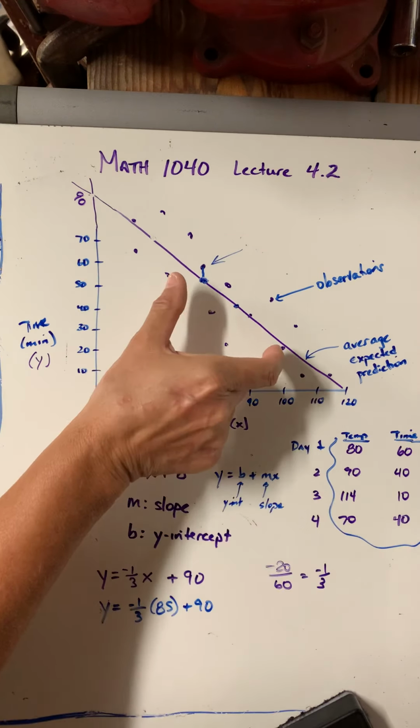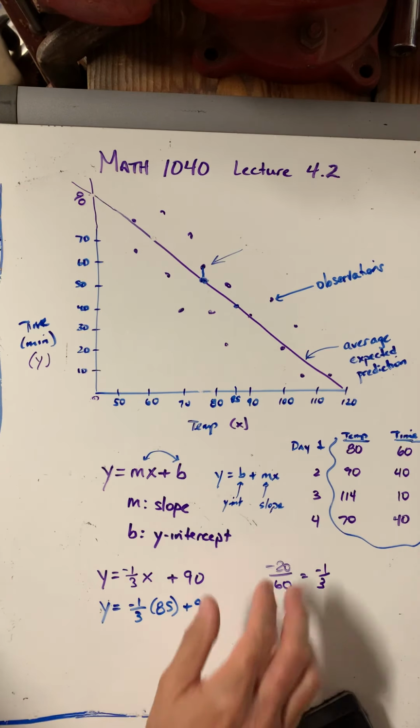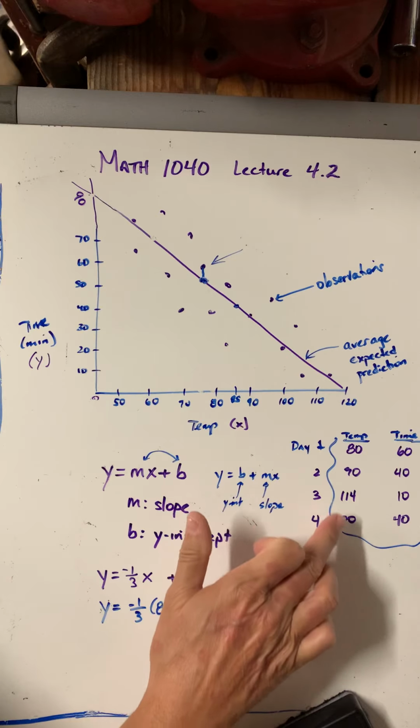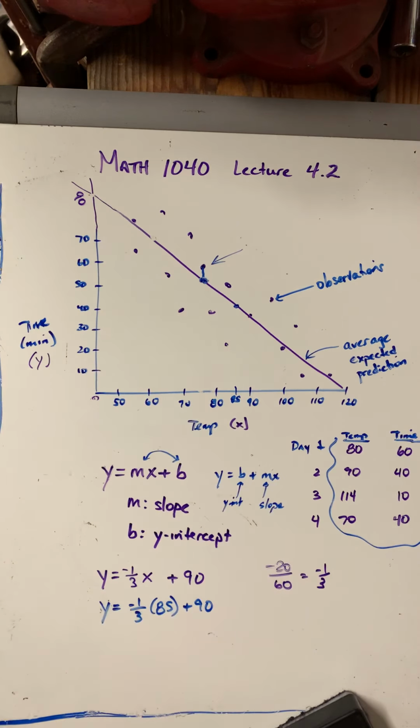So I can really only use my line to predict responses for values between 70 and 114. Anything else is out of the scope of that line of prediction. And that can be a little bit weird. I try to explain it pretty thoroughly in the homework help, but let me know if you need a different explanation or if you don't quite understand it.